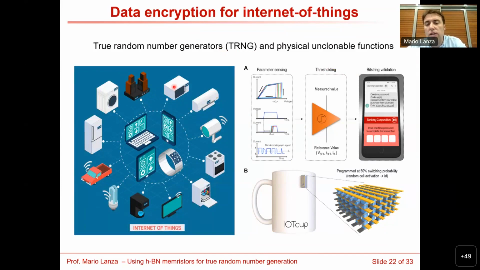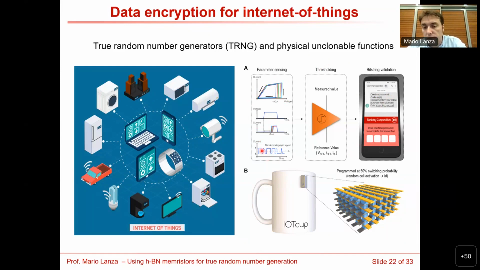One application that everybody is familiar with is the one-time password that we receive on our telephones when we make online purchases. Our bank sends us this code to the telephone to validate the purchase. So this can also be done by exploiting the randomness of the memristors.